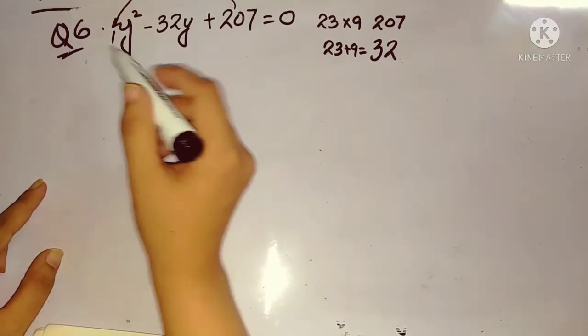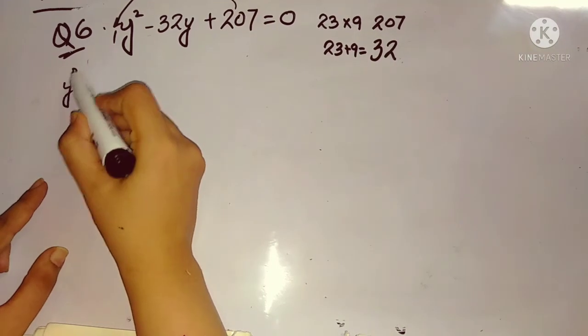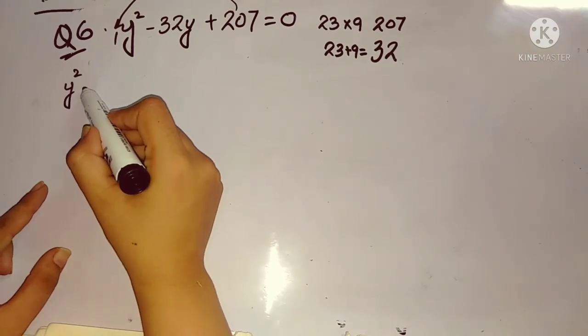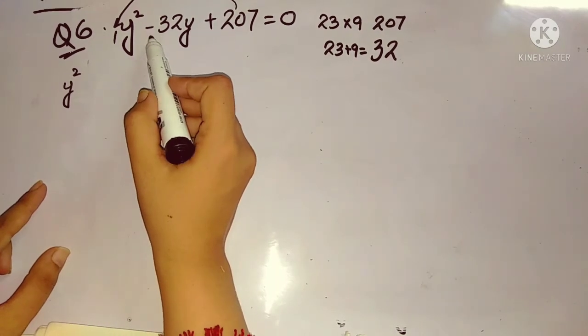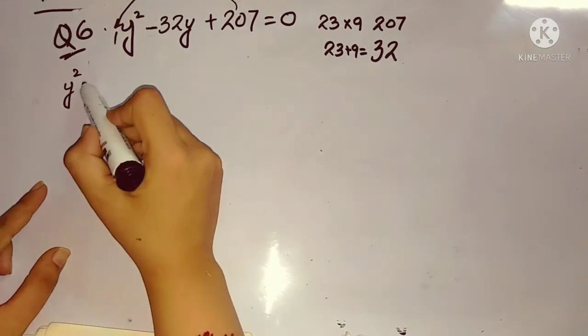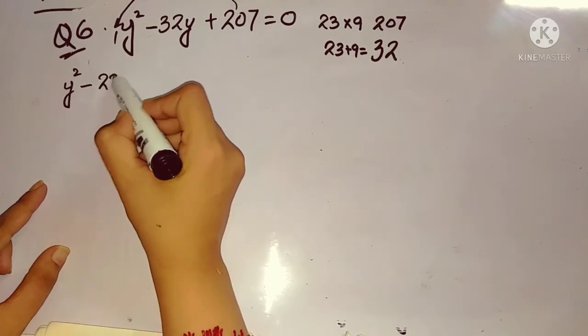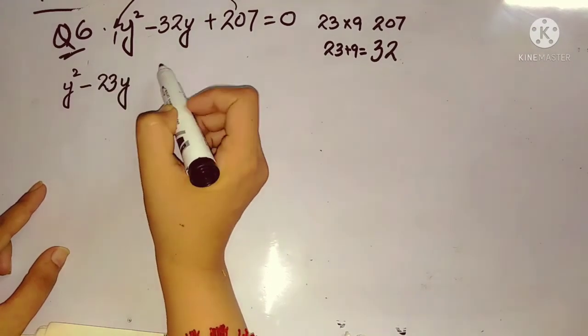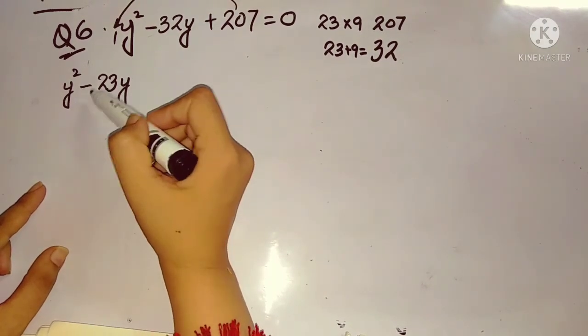Now you have to choose two factors that when you multiply them you get 207, and when you add or subtract them you get 32. Those two factors are 23 and 9. When you multiply 23 with 9, you get 207, and when you add 9 to 23, you get 32.